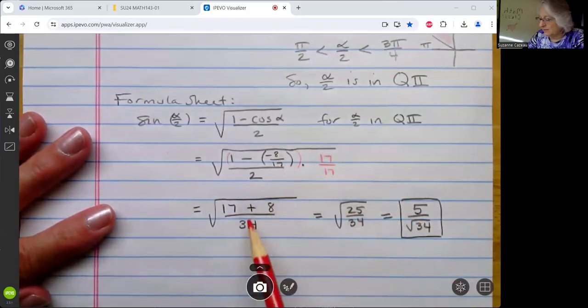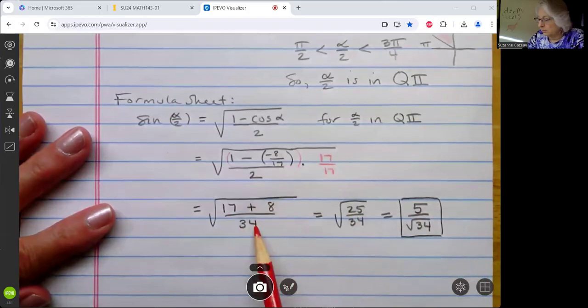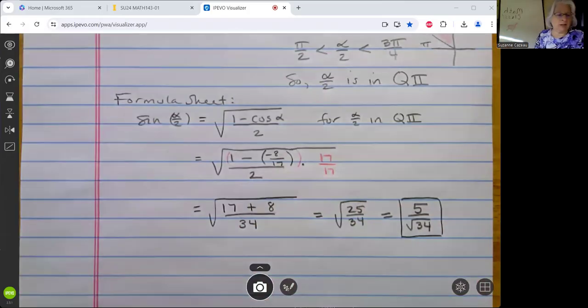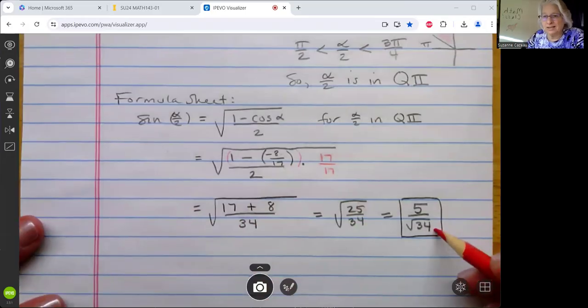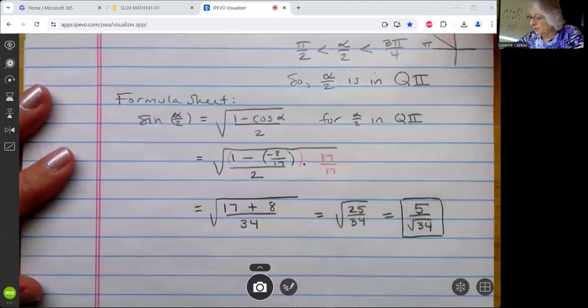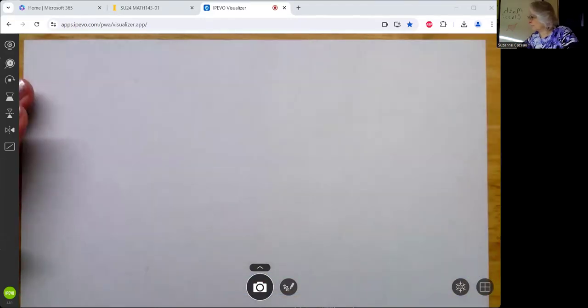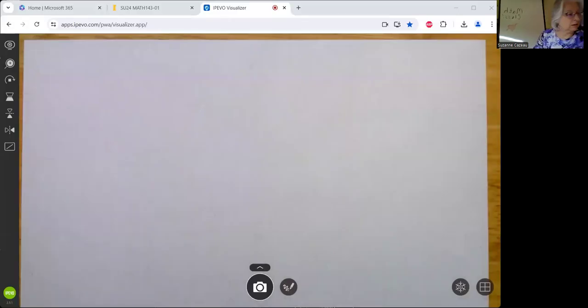And 17 times 2 is 34. So you get the square root of 25 over 34, which is 5 over the square root of 34. You don't have to worry about rationalizing the denominator, because this doesn't simplify; that's just 2 times 17. So there isn't any simplifying that.